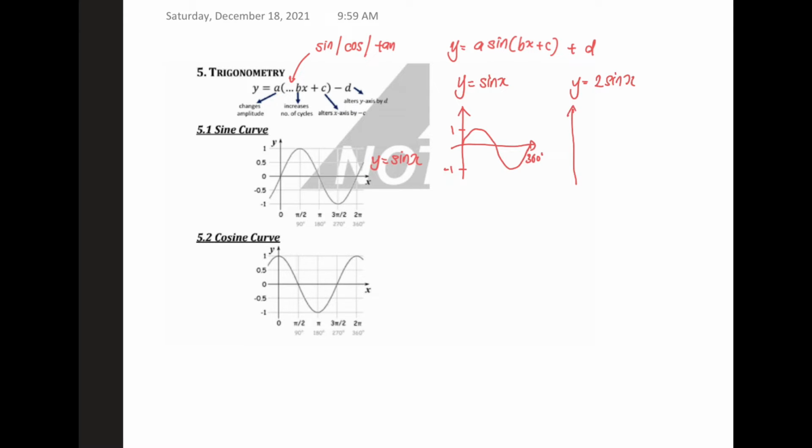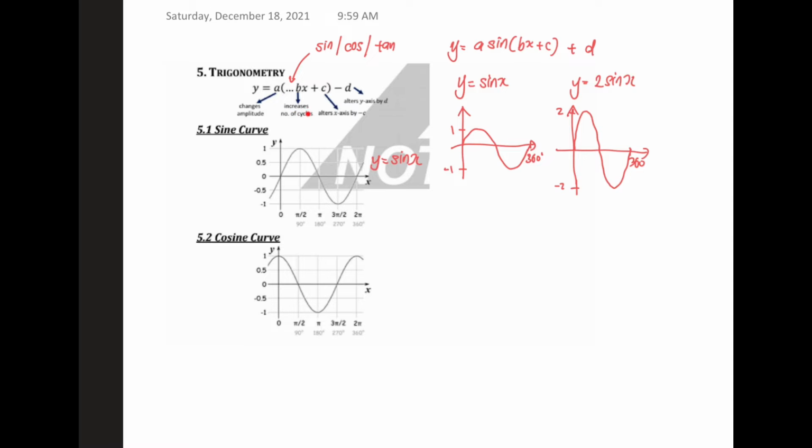Now if you have 2 sine x, it goes up by 2 units and goes down by 2 units. So this is going to be 2, and the minimum is going to be -2. This is 360.